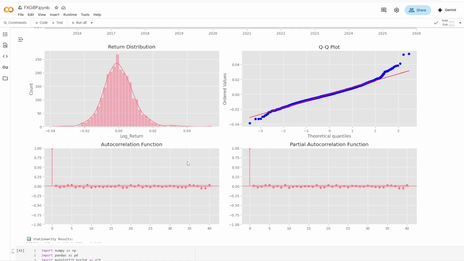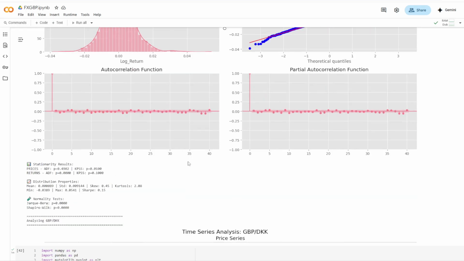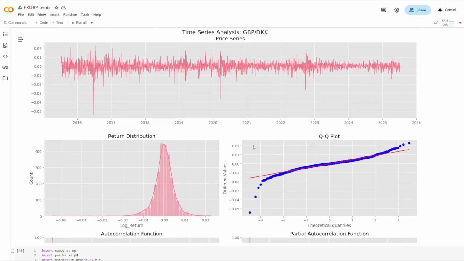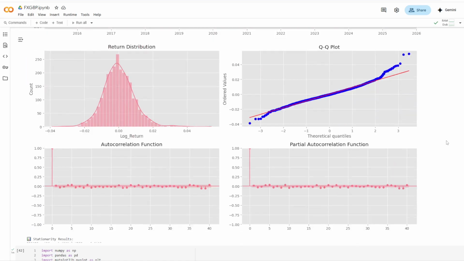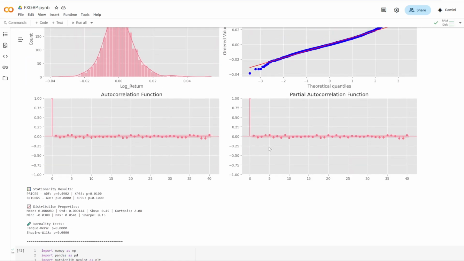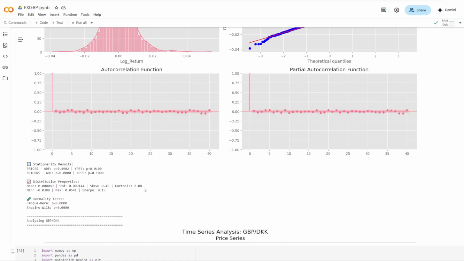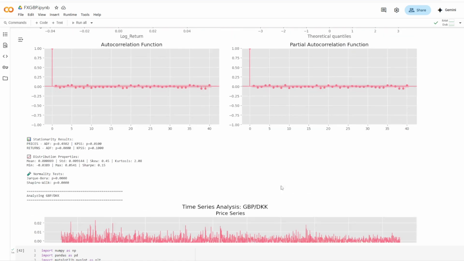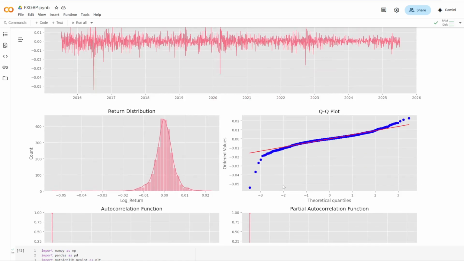So you sit yourself long sterling against the South African rand, and there will be some volatility, but the kurtosis is smaller than 3, it's 2.08, so you don't have leptokurtotic log returns. So it means that you have volatility, but not so extreme volatility. And so that's very interesting.